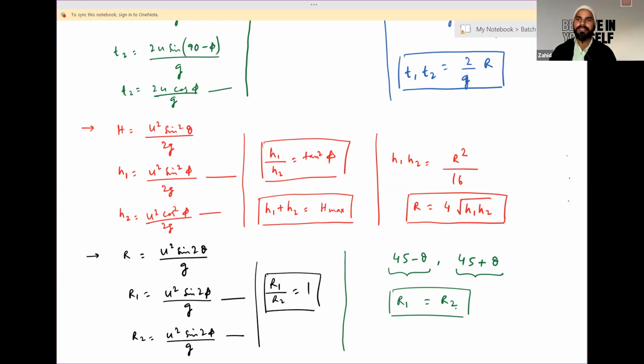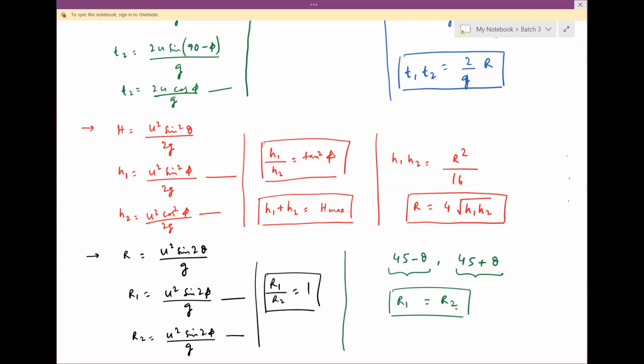Mohammed Umar, is it clear till this part? Yes, sir.